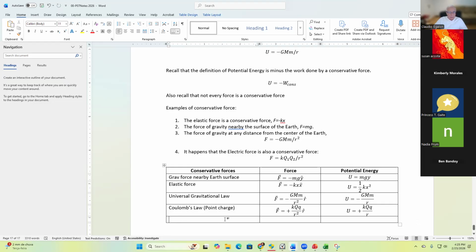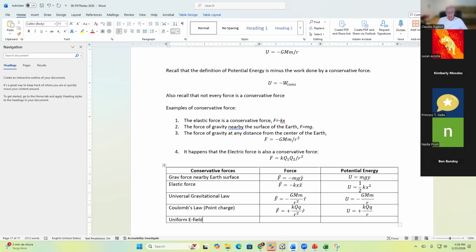And then, we also have one more here that I didn't tell you. Recall that the electric force is a conservative force. What else can I tell you? Remember that. Whenever we have, what about uniform E field? Here you go. We also have another conservative force, that uniform electric field. Just recall that the electric force, any electric force, is a conservative force.